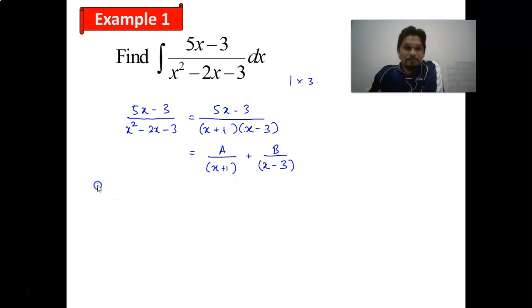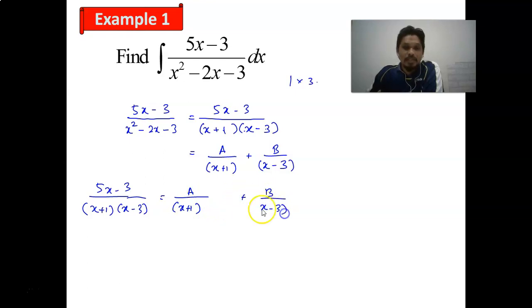Okay, now 5x minus 3 divided by x plus 1 and x minus 3 equal to A divided by x plus 1 plus B divided by x minus 3. So we are going to equalize the denominator of this fraction and this fraction with the original question here.